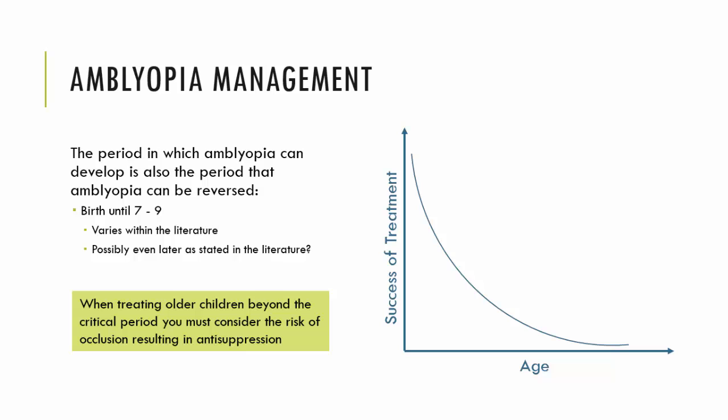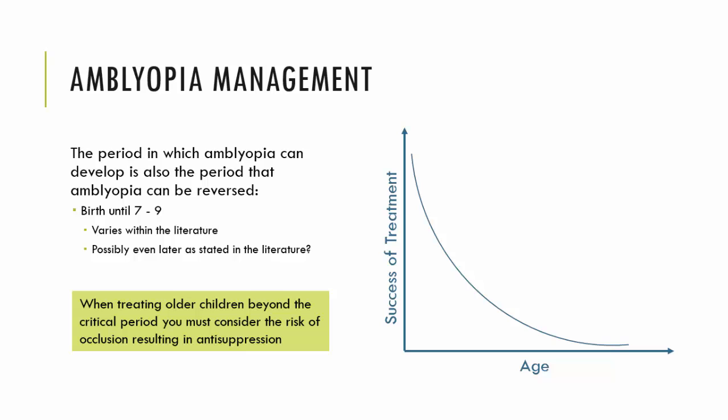The literature is variable in relation to the endpoint of that critical period, but consensus between clinicians is that it is around that period, 7 to 9 years of age. So it's during this period that we can also reverse amblyopia and improve visual acuity.